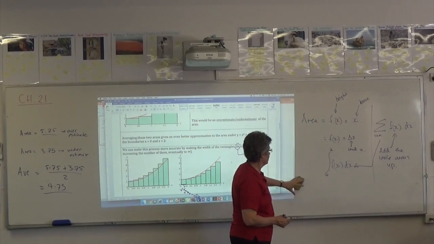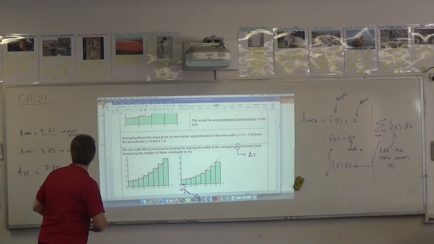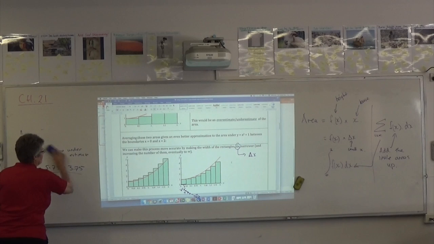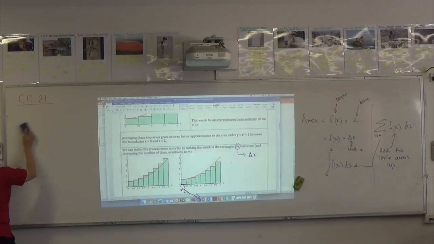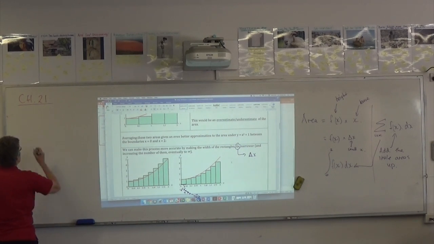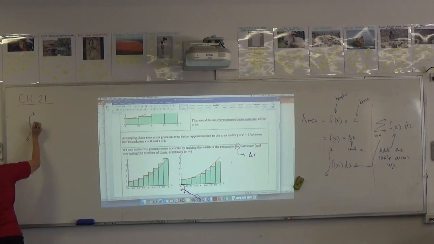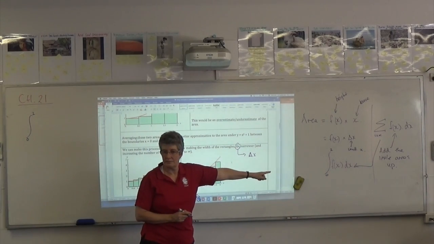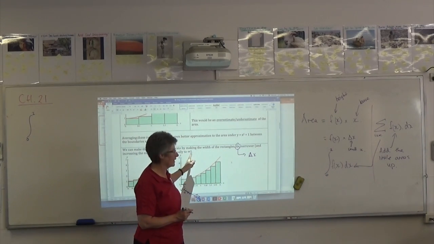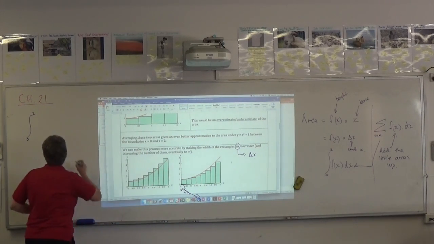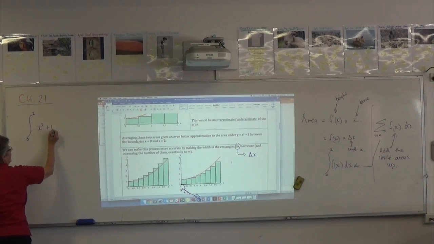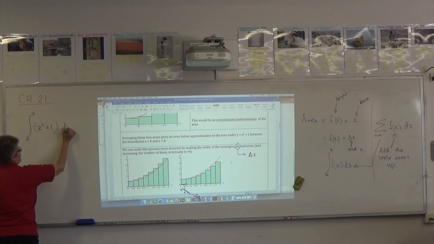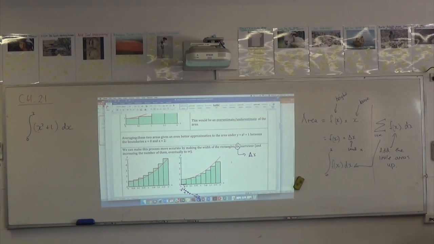So I go back over here. I have this thing called the integral, between 0 and 2. That's what I wanted to work out. What was my f of x for this one that we've worked out? x squared plus 1. There's my f of x dx.